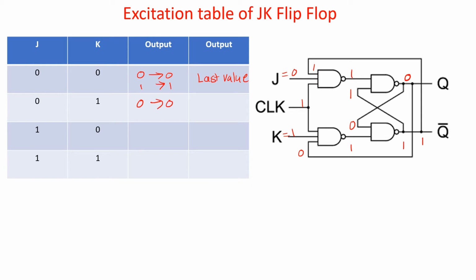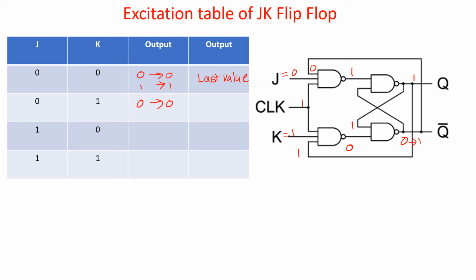Now let us quickly remove the conditions of previous state and let us assume this as 1 and this is now 0. Now this 1 comes here and this 0 goes here. Now output of this is 1 and output of this is 0. Now what happens? See, this 1 comes here, 1 0 becomes 1.